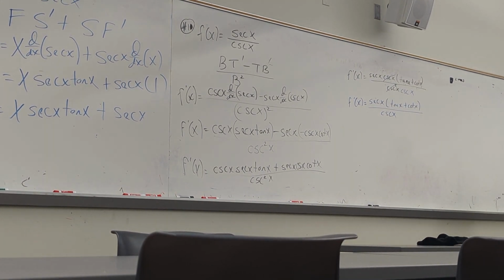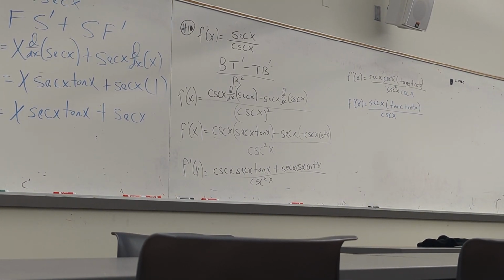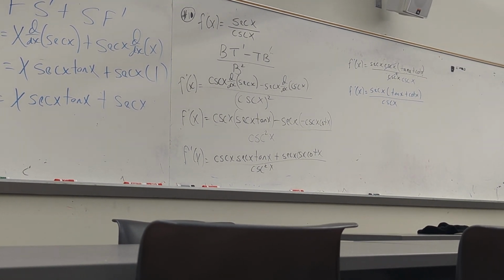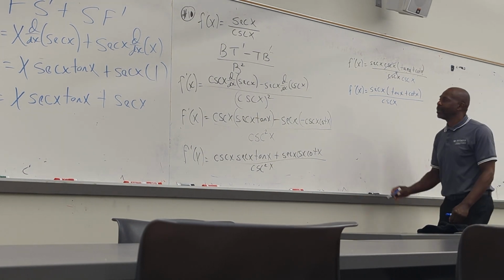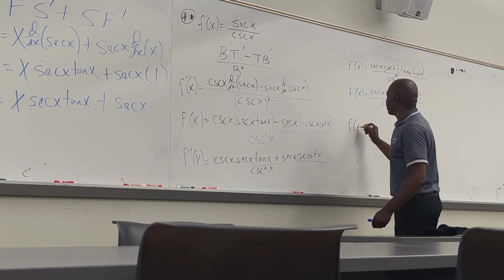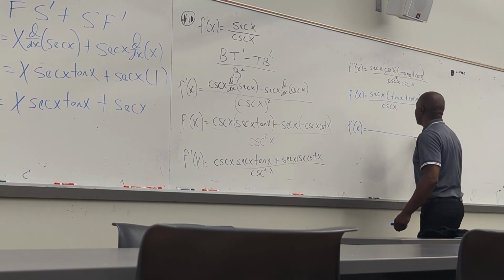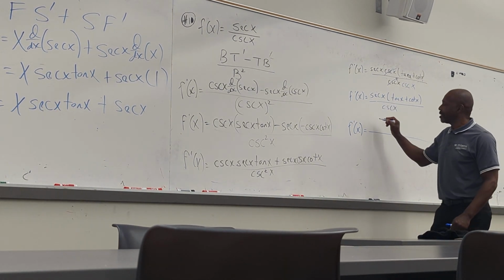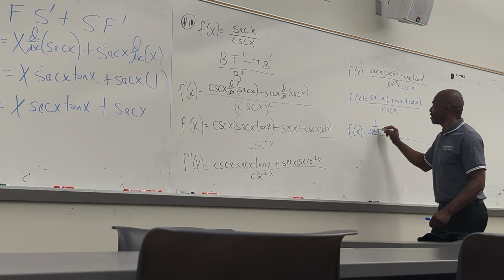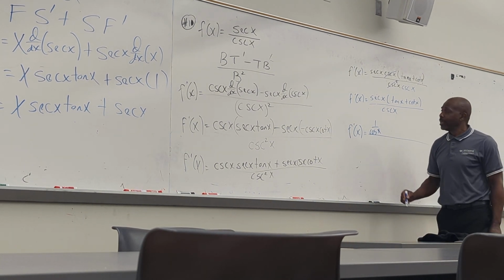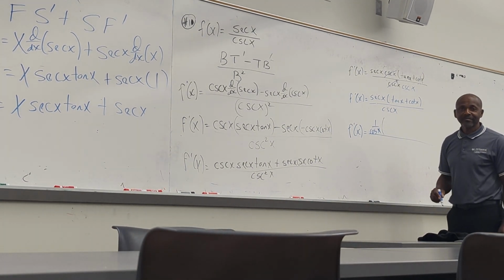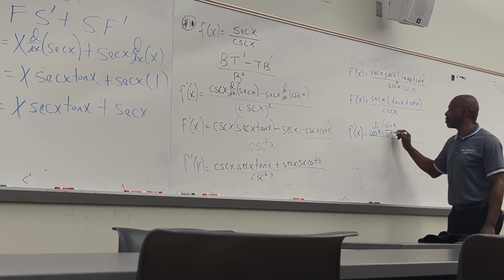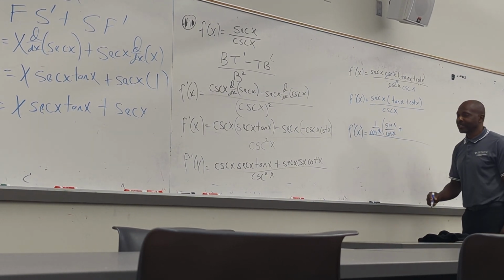Now class, for the fun of it, could y'all write everything in terms of sine and cosine for me, yes, no? Can I write secant as 1 over what? Cosine? Yes. How can I write tangent? Sine over cosine. How can I write cotangent?